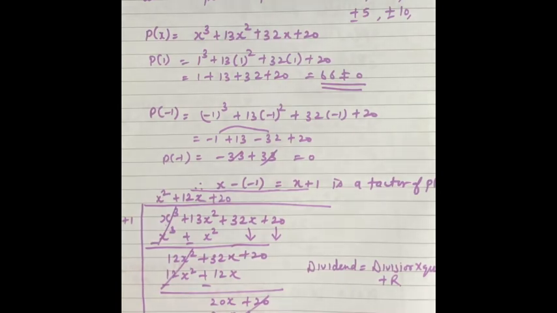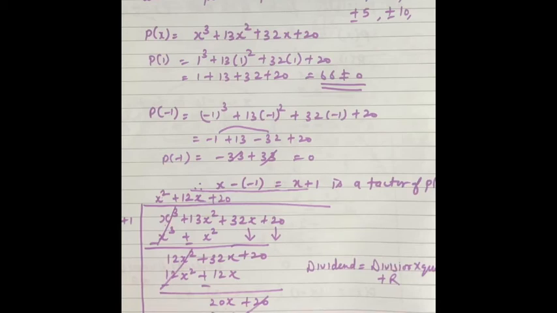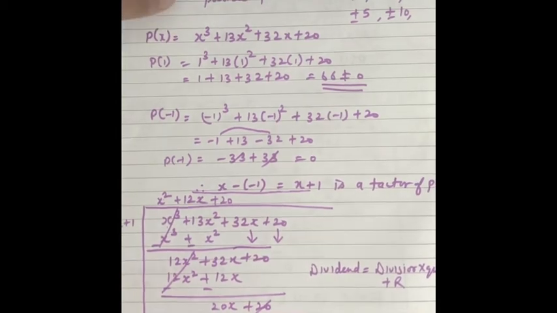Now we have to find out the factors. This is a quadratic polynomial. With the help of splitting the middle term, I can find out the two factors. So we can write down this as p(x) is equal to x plus 1 into x square plus 12x plus 20. We'll split this middle term.